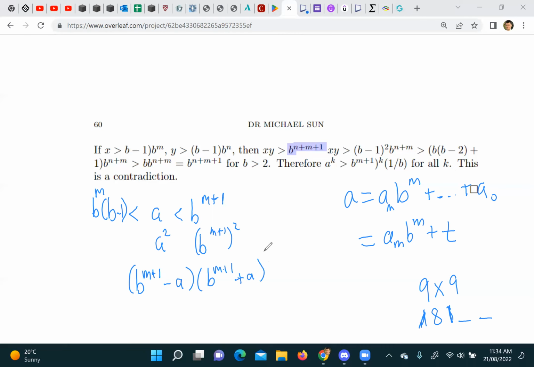You can keep powering up by 2, so you get b to the m plus 1 squared plus a squared, all the way up to b to the m plus 1.